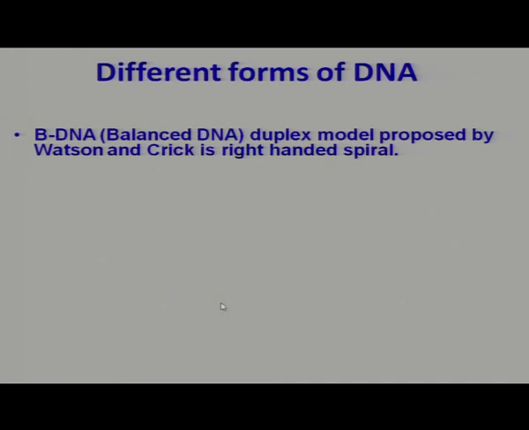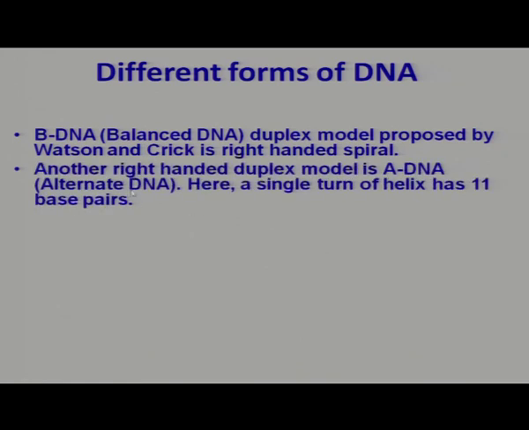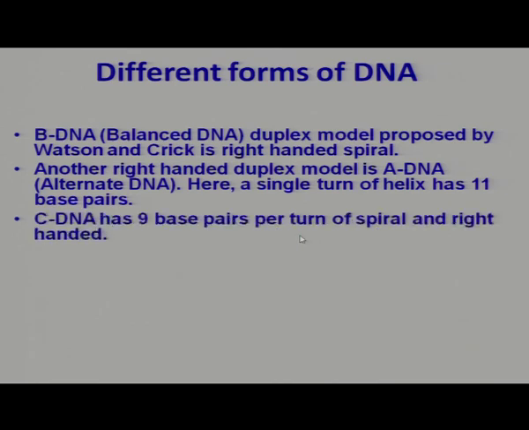Now, there are some different forms of the DNA. The first form of DNA is B-DNA, that is balanced DNA, which was given by Watson and Crick, which I told you in the last slide. Another is A-DNA, that is alternate DNA. In A-DNA, in one complete turn there are 11 base pairs, while in B-DNA there are 10 base pairs. The third form of DNA is C-DNA, having 9 base pairs in one complete turn, which is right handed.